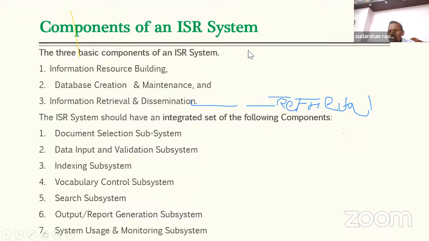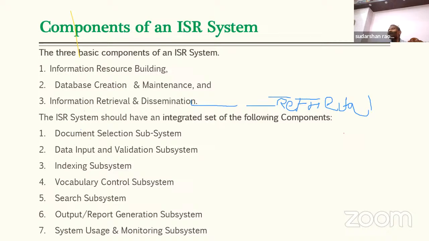In the information storage and retrieval system, initially we said there are essentially two broad sections or elements: storage and retrieval. So information storage, information retrieval. These are two components. Now we have added one more component. Information resource building is information storage only.